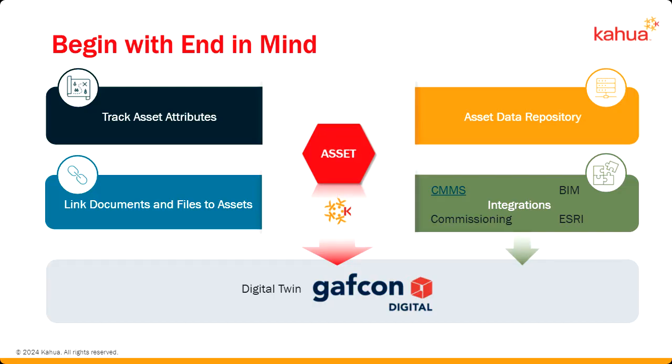And then also, you can look at the analytics across all of your assets from all of your different projects. And then lastly, I'll touch on the integrations. We have APIs in place where you can leverage integrations to pull data into Kahua and also send it out of Kahua. So I'm going to go ahead and share my screen and start with the demo.